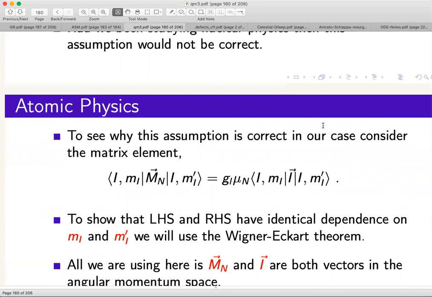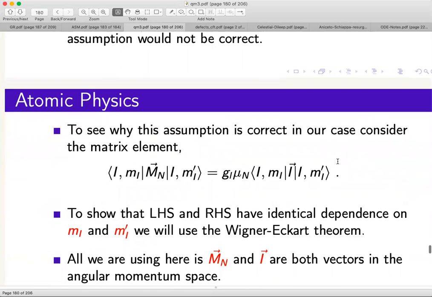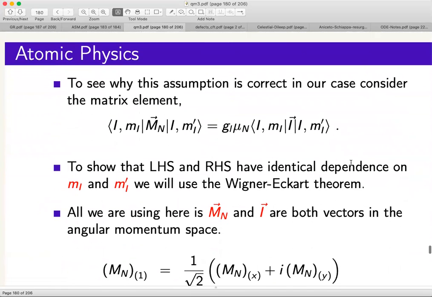To understand the validity of this assumption, let's look at a matrix element of the nuclear magnetic moment in the nuclear eigenstates. Nuclear eigenstates are, of course, written in terms of the energy eigenvalue and other simultaneously diagonalizable quantities.